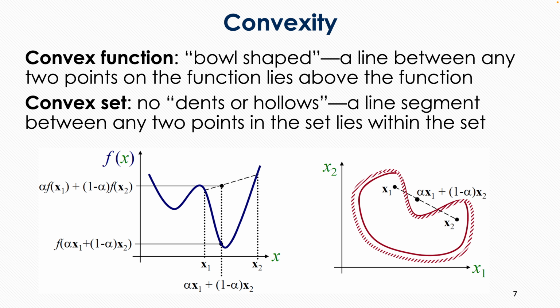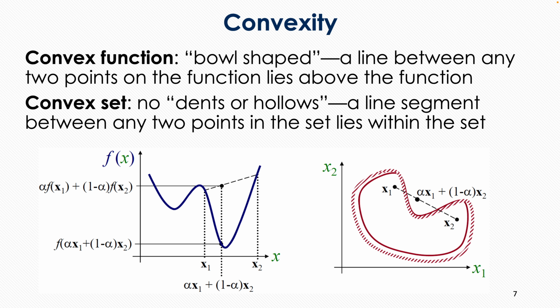In other words, if I can draw a straight line between any 2 points that doesn't go through the function, then that's considered convex. Okay, so is this a convex function? No, right? Because I can go from here to here, and if I draw a line, it would pass through the function itself, making it a non-convex function.